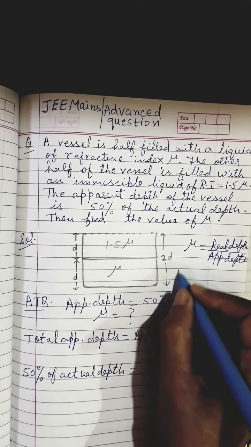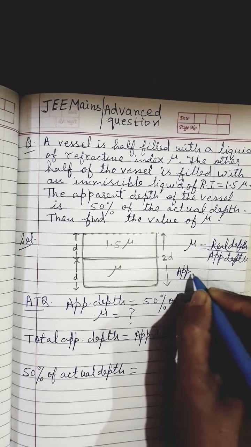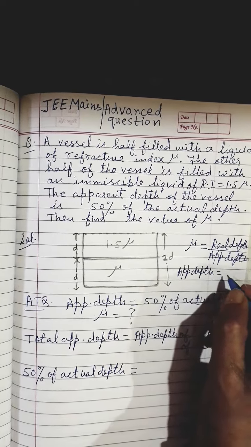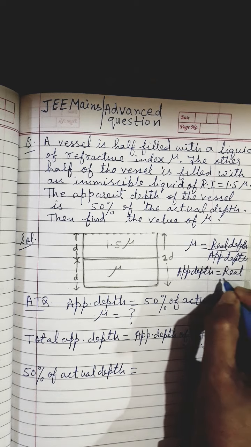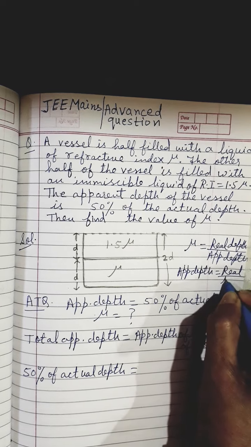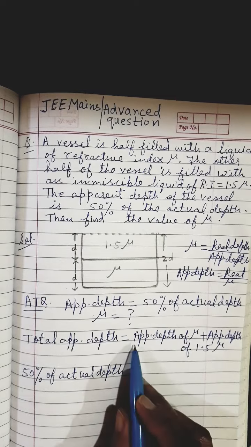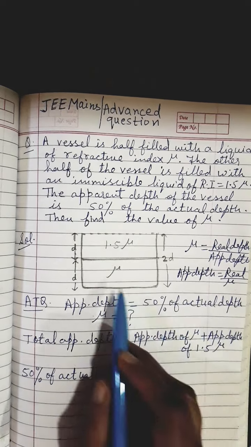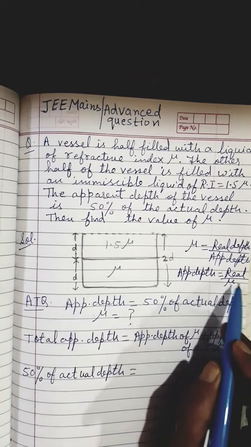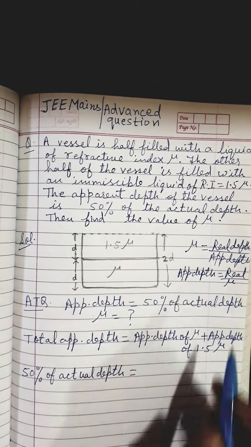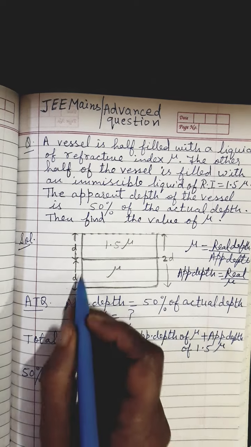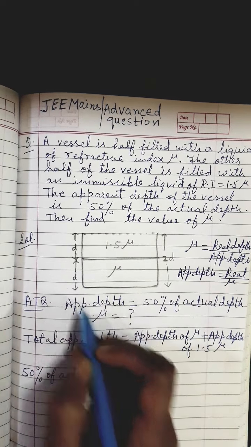So how much will be the apparent depth? This will be equal to real depth divided by mu. So apparent depth of liquid mu will be given by real depth of liquid mu divided by refractive index mu. Real depth you can see here is small d.